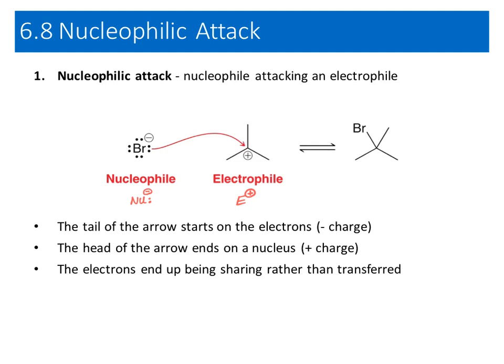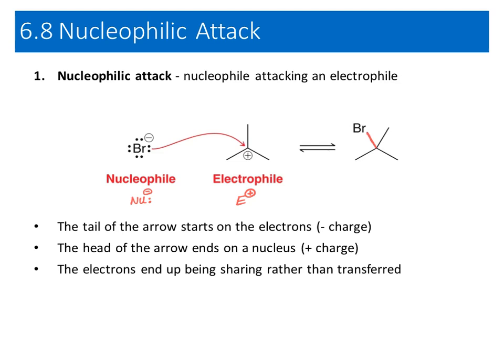Therefore, the tail of the arrow is placed on the lone pair of electrons, and the head goes to the electrophile to show the flow of electrons from the nucleophile to the electrophile, forming this product. So this is the new bond between the carbocation and our nucleophile.